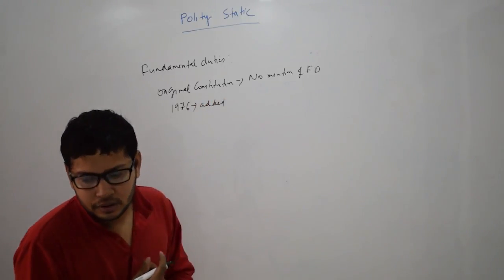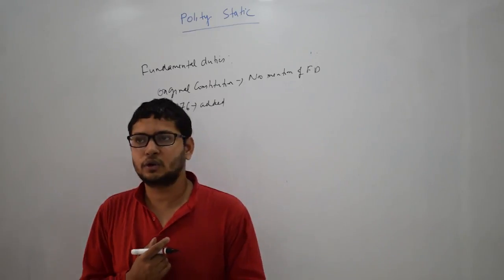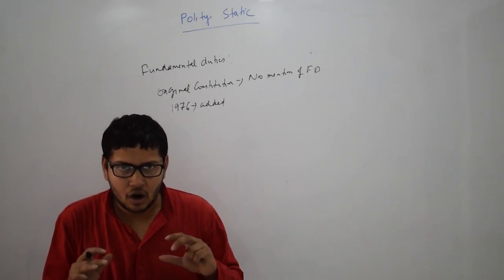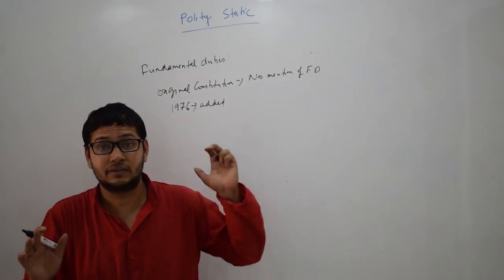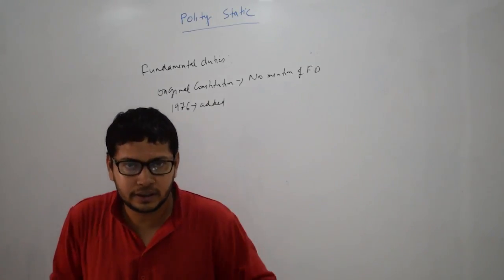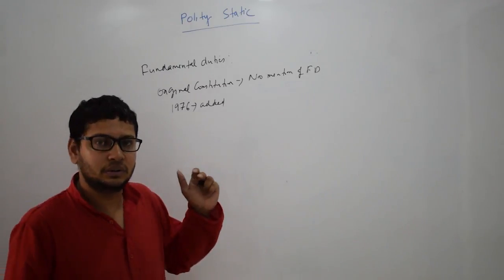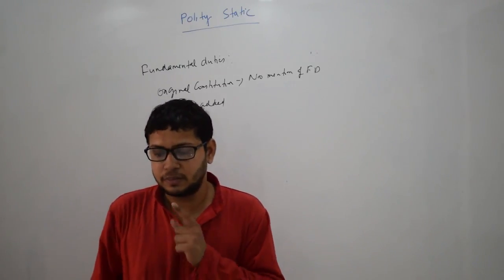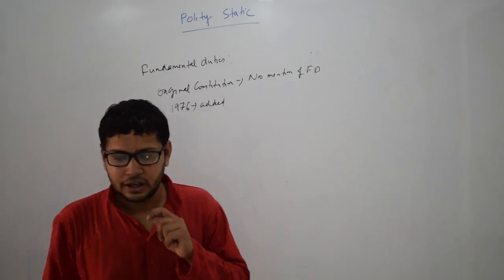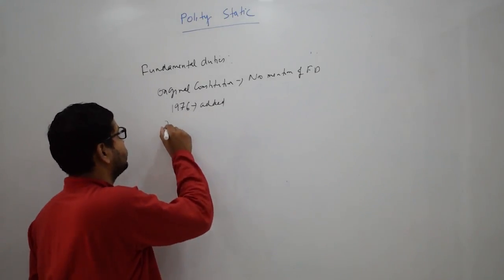And one more thing in which the question could be asked is that all the fundamental rights were introduced in 1976, or all the fundamental duties were introduced in 1976. This again is wrong because one fundamental duty was added in 2002.